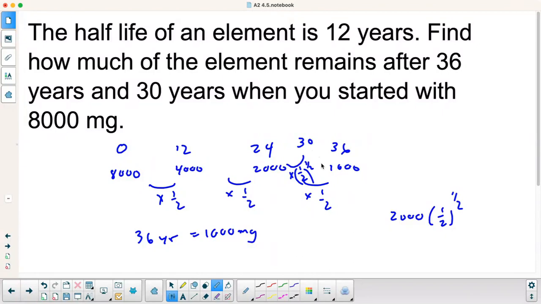Okay, so take my 2,000 times 1/2 to the 1/2, and that gives me 30 years equals 1,414.2. Okay.